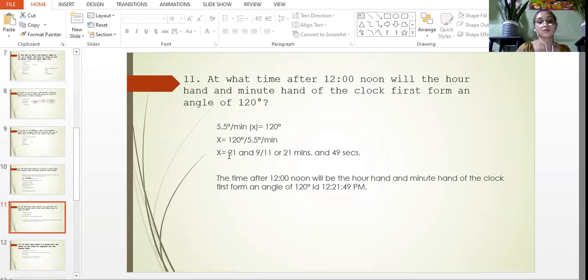So x is equal to 21 and 9/11, or 21 minutes and 49 seconds. So the time after 12 noon when the hour hand and minute hand first form an angle of 120 degrees is 12 hours, 21 minutes, and 49 seconds p.m.